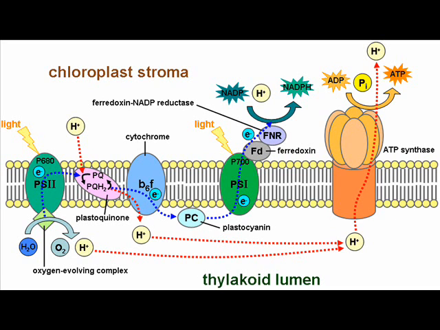So the light comes to the chloroplast through photosystem 2 to break down the water into hydrogen ions and oxygen. Now the oxygen is just a byproduct, so it goes out of the chloroplast.